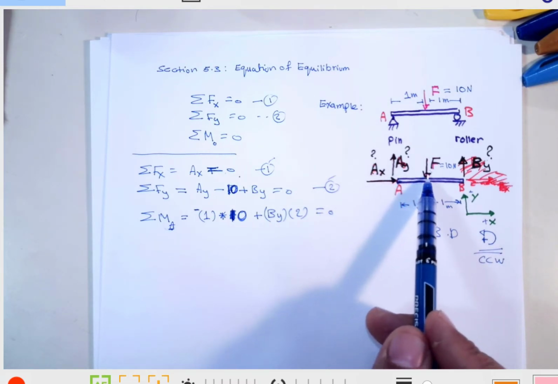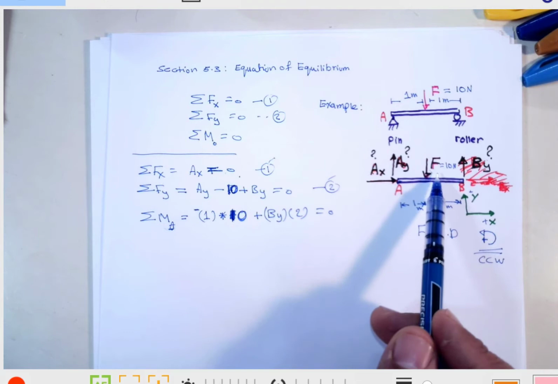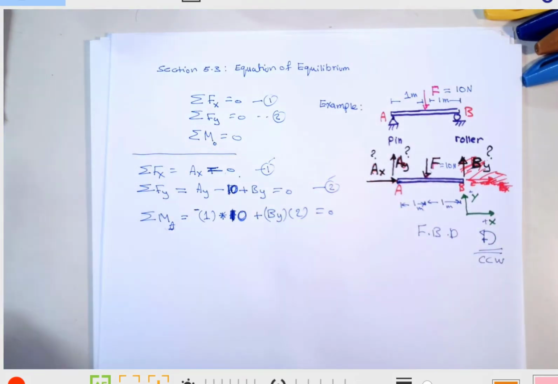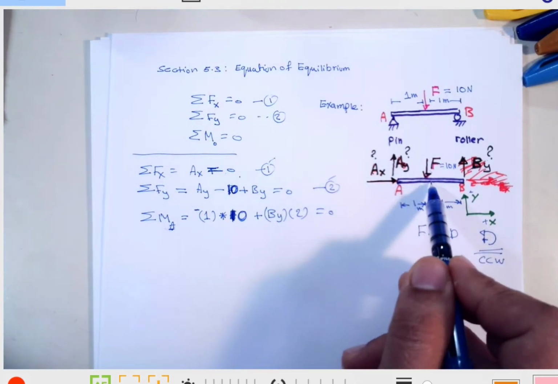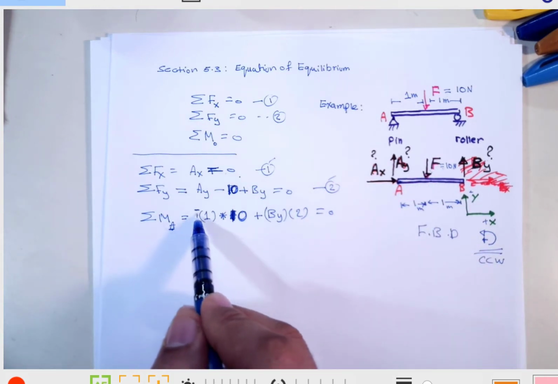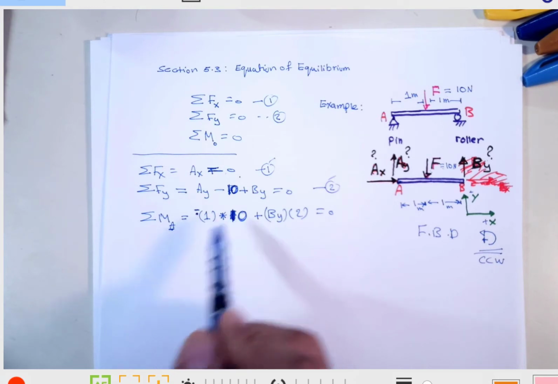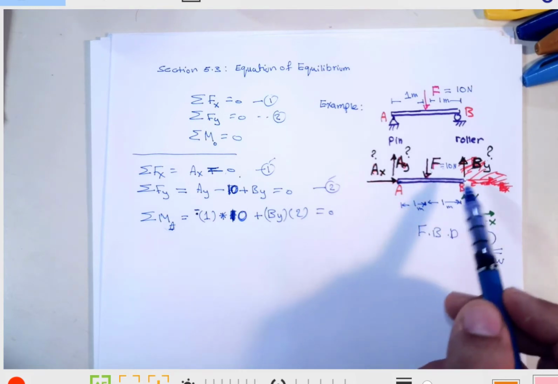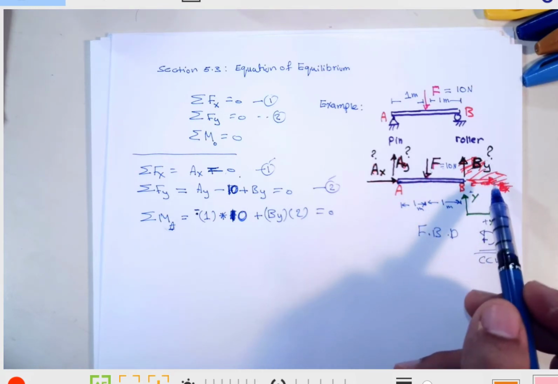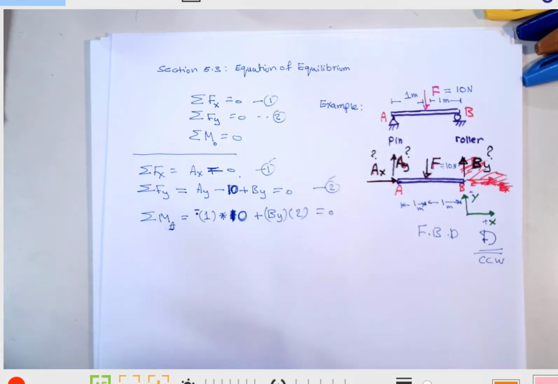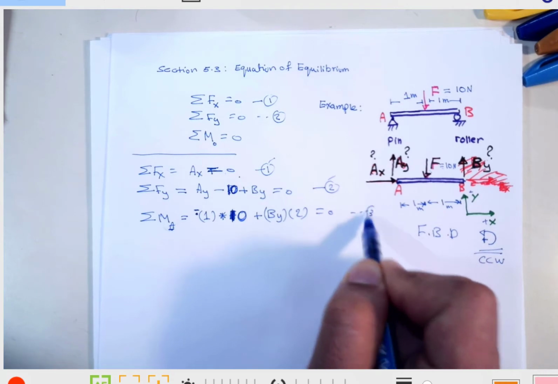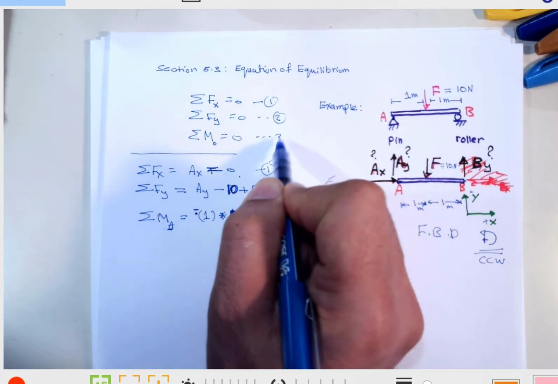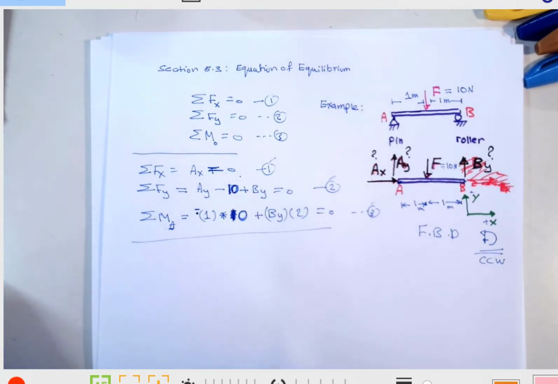The moment of the 10 Newton force is clockwise, so it is the distance multiplied by 10, and it's negative because it's clockwise, so negative 10, plus the moment of By, which is the distance, which is 2, multiplied by the unknown By, and its direction is positive because it's going counterclockwise. So we have three equations with three unknowns, and that will be used to solve.